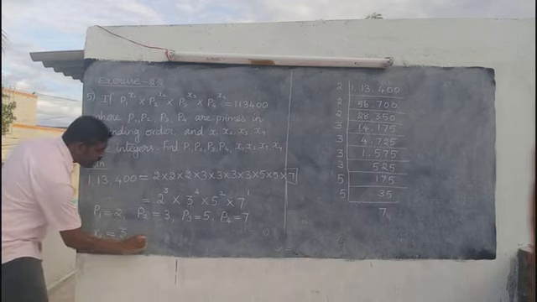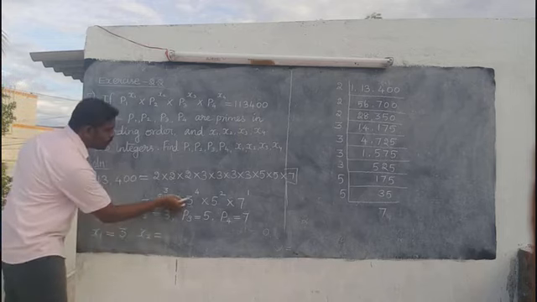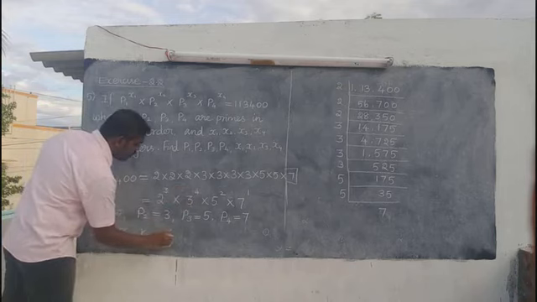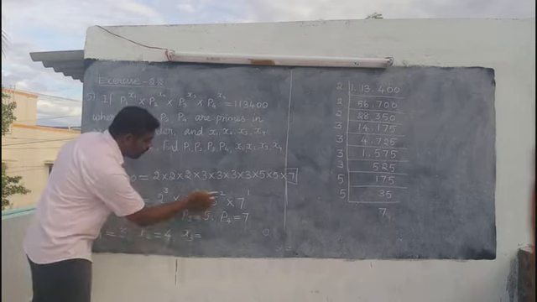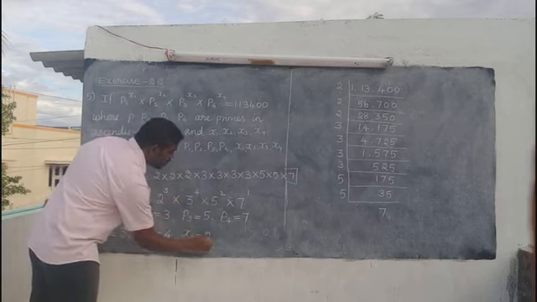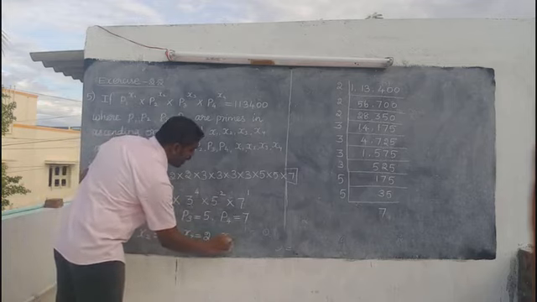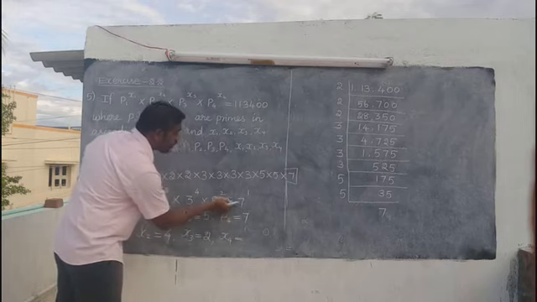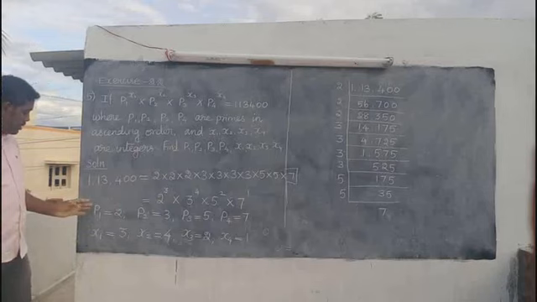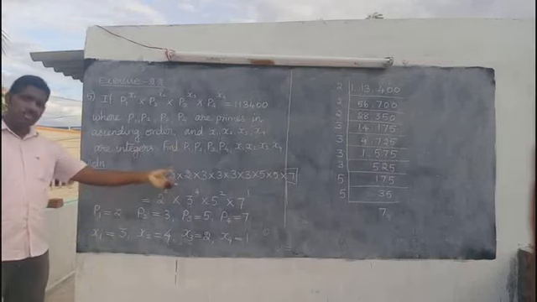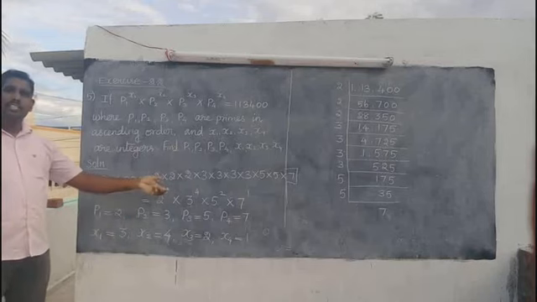Then x2 is the power of P2, that is 4. Then x3 is the power of P3, that is 5, that is 2. Then x4 is the power of P4, that is 7, that value is equal to 1. These are the P values and these are the x values.